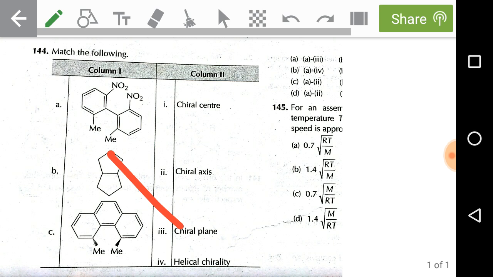Okay, B is connected with 3, and just look at C here, due to the bulky rings present at the edges, you can see it is indicating helical chirality. Okay, helical chirality, right? So these are the matchings, and thank you very much.